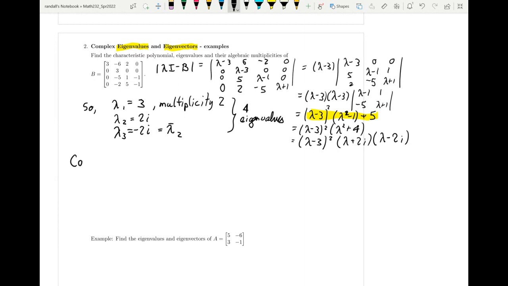What we note here is that, we've seen it again above, but this is a general fact that the complex eigenvalues of a real matrix always occur in conjugate pairs. By real matrix, we mean a matrix that has real entries. The entries are real numbers.